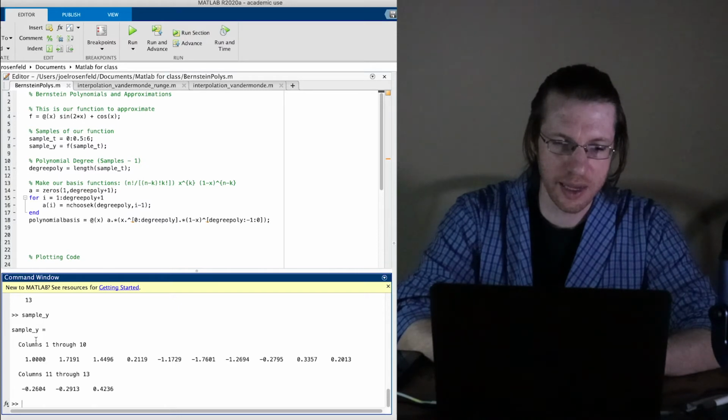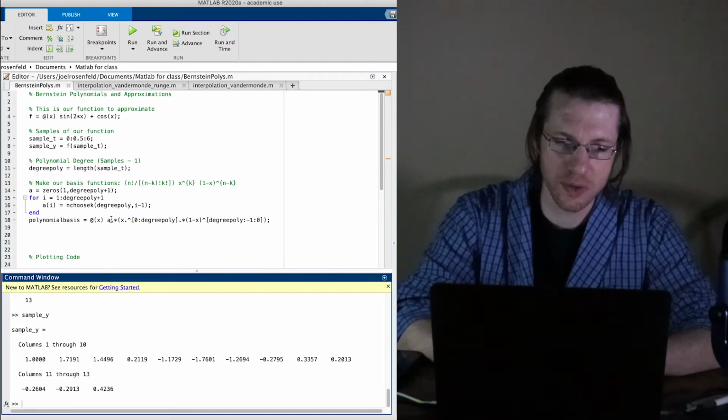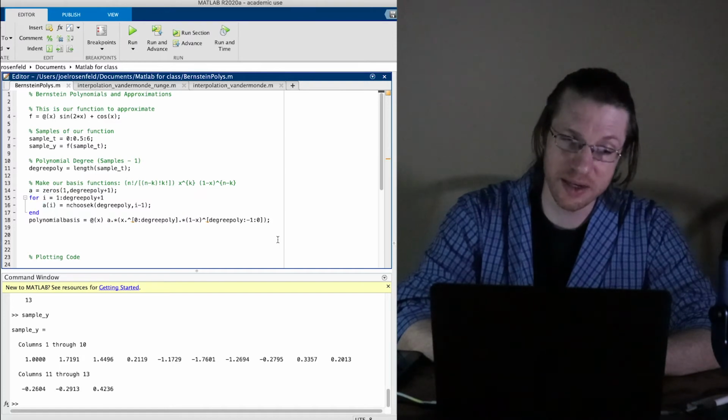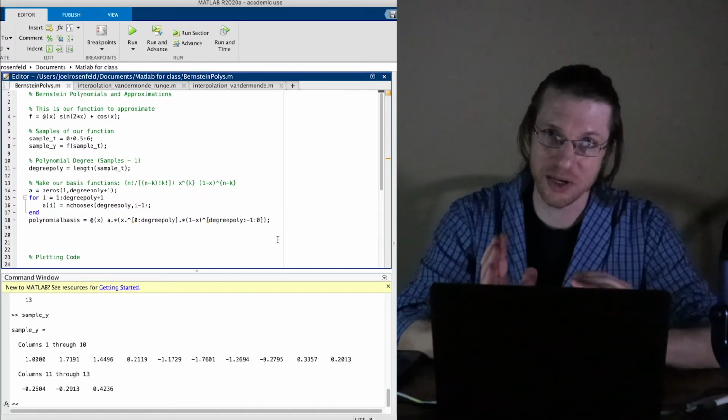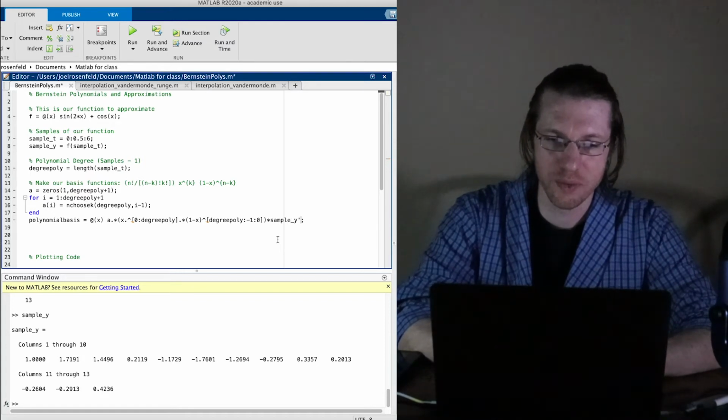So then, what is sample y? It is a row vector. And if I want to take all this, which is all a row vector, and multiply it by another row vector, but I want the actual dot product, I multiply it by sample y prime.